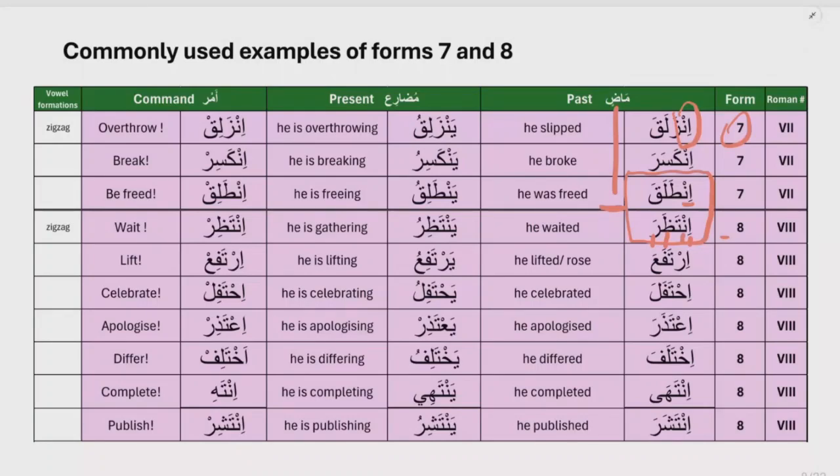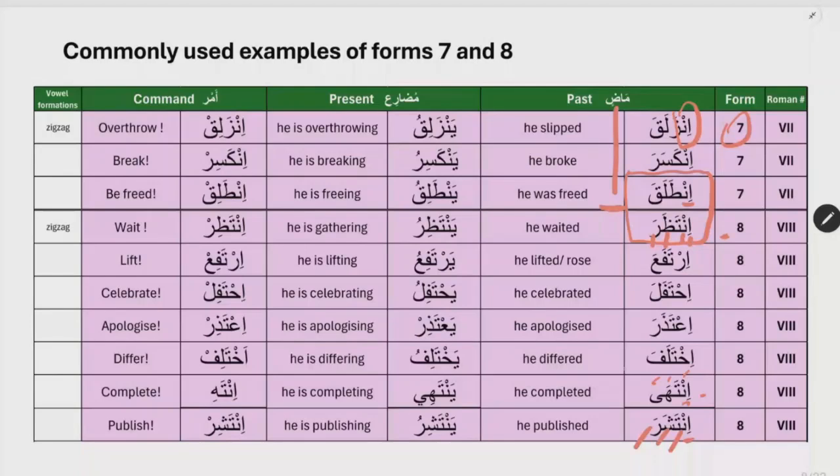Intadara is the 8th form version of it, where nadara is the root, and alif and ta infix is what you're looking for in the 8th form. There's another example here of intaha as well. Even this one, intashara, although there's an in in front, in actual fact, the main letters are nashara, and here is nahaya.